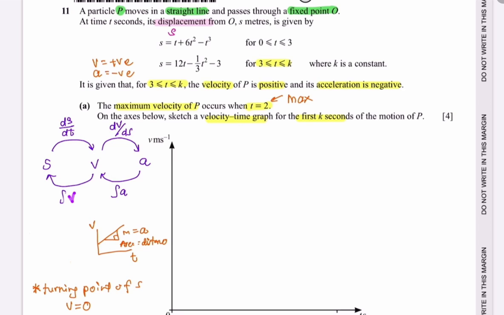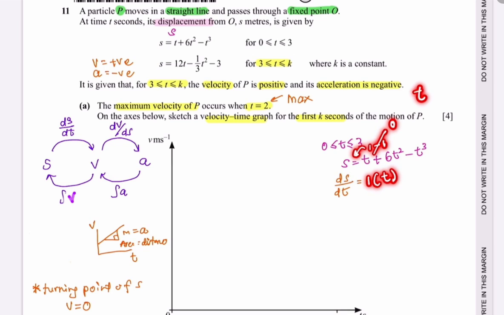Let's differentiate the first one. When t is from 0 to 3, displacement is s equal to, differentiate this, ds over dt. This is power 1, bring the 1 in front, so 1 times t to the power 1 minus 1, which is t to the power 0. Anything to the power 0 is equal to 1.